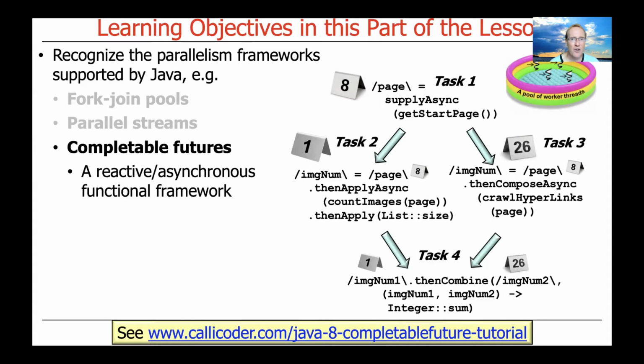And then you can have other tasks that depend upon the successful completion of asynchronous tasks. And when those asynchronous tasks complete, then the dependent task can start to run. And so you can do some really cool forking and chaining and joining together of asynchronous tasks in a very, very powerful way. Those of you who've played around with JavaScript might be familiar with this concept, because JavaScript supports something called promises that's kind of along the same lines, although completable futures are way cooler.